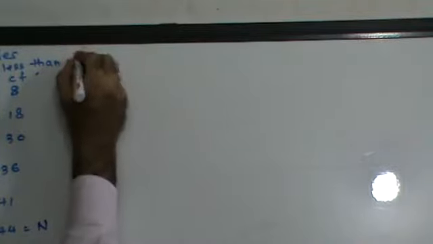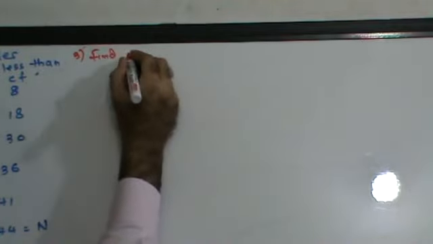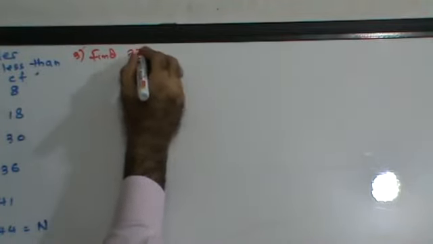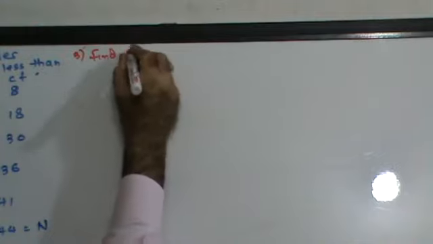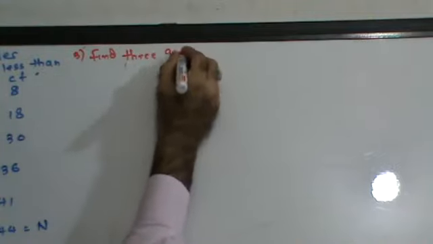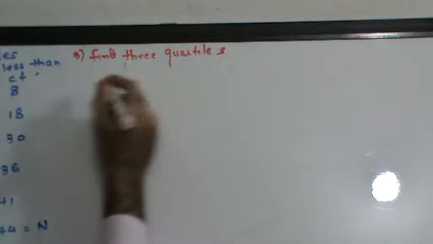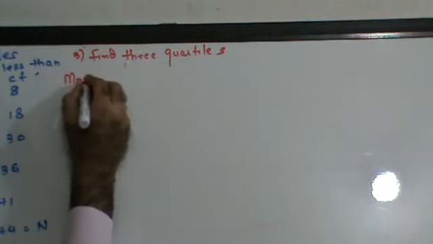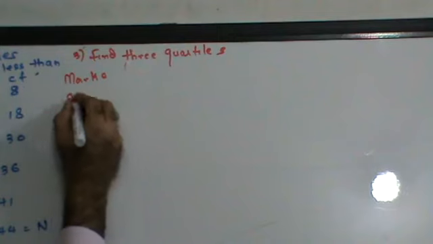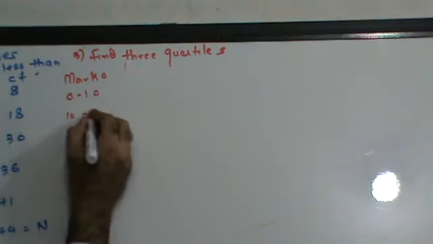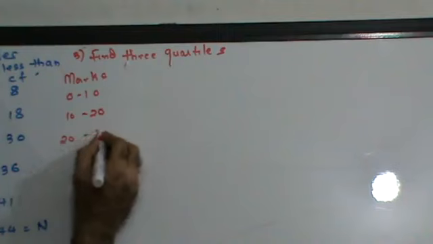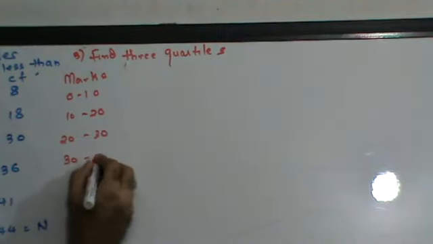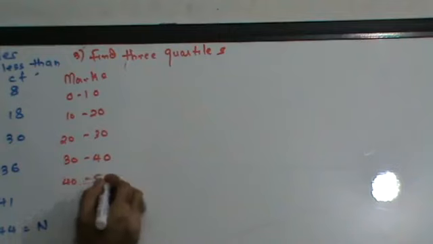This was raw grouped data. Now if they give you data with class intervals, let's see another sum, guys. Find the 3 quartiles. The data given to you is marks: 0 to 10, 10 to 20, 20 to 30, 30 to 40, 40 to 50.